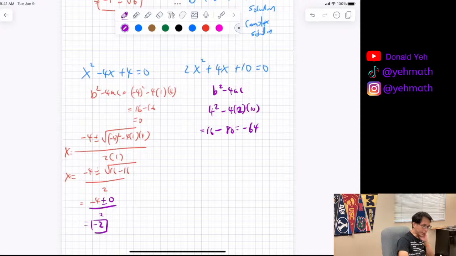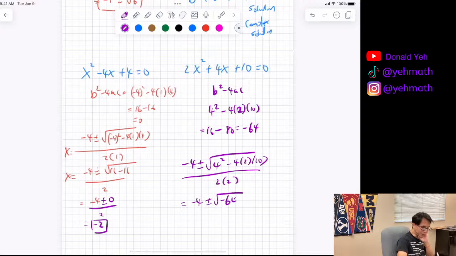So what I'm going to get is negative b, so negative 4 plus minus the square root of 4 squared minus 4 times 2 times 10, over 2 times 2. That's equal to negative 4 plus minus the square root of, I believe, negative 64.